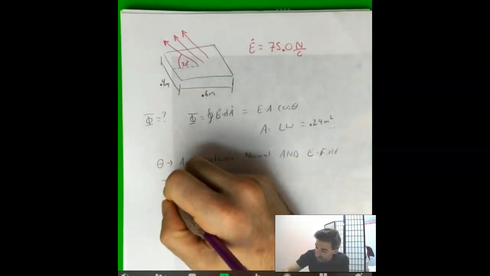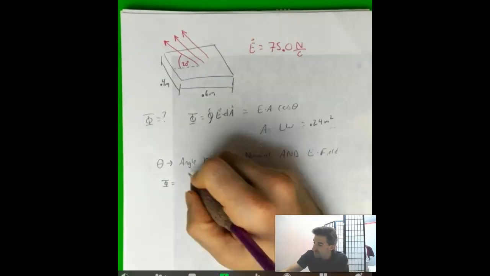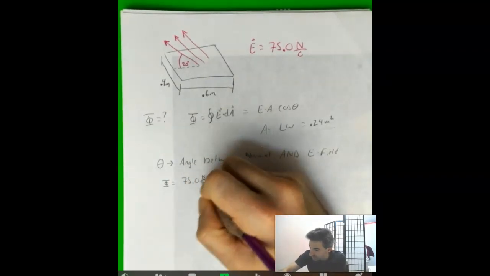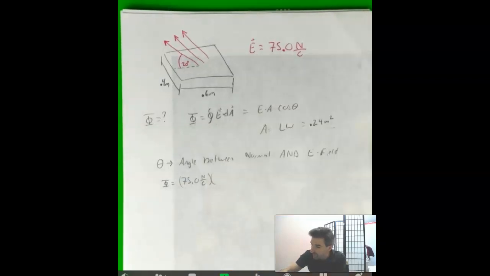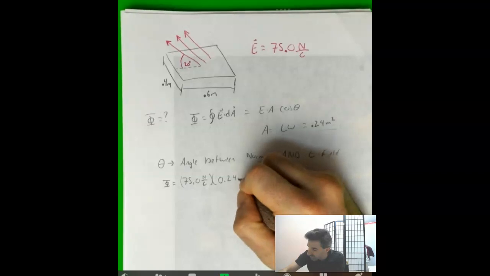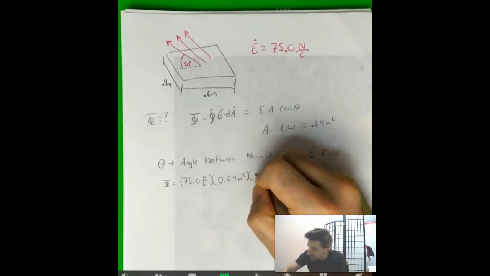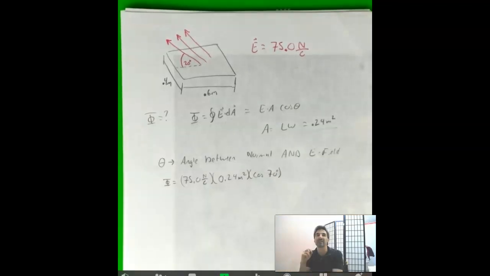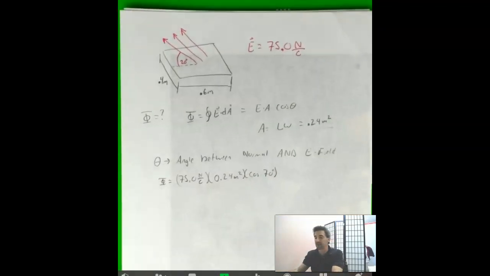So I would have my flux equal to 75.0 newtons per coulomb times 0.24 meters squared times the cosine of 70 degrees. And I grab my calculator.